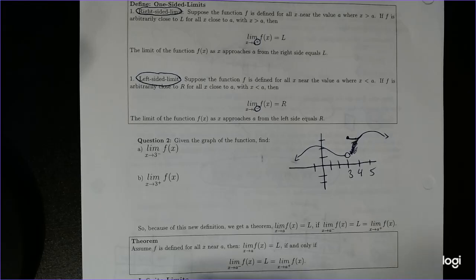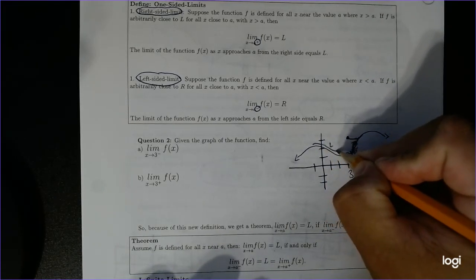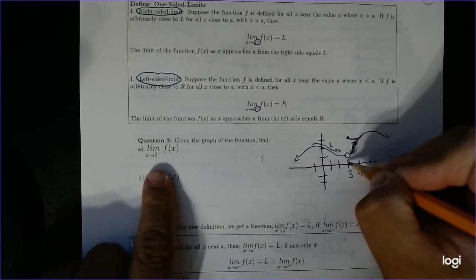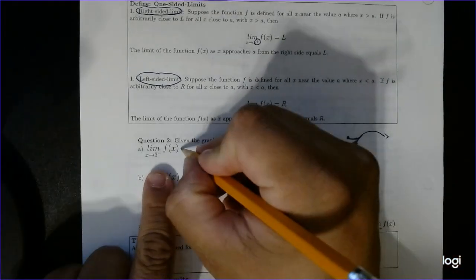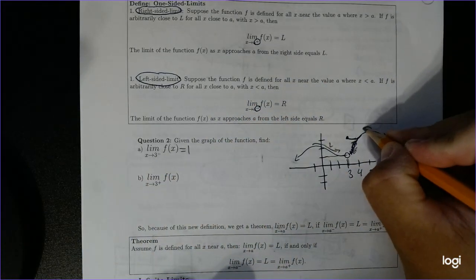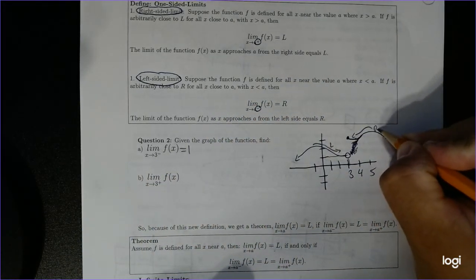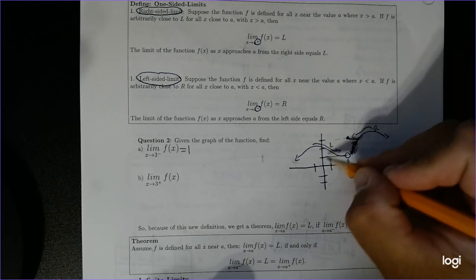Okay, here we go. So as I approach it from the left side, going in this direction, to 3, what do I see? If I go across, that gives me 1. And if I approach it from the right-hand side, going in that direction, I stop here, right at 3, and that corresponds to 1, 2, 3.